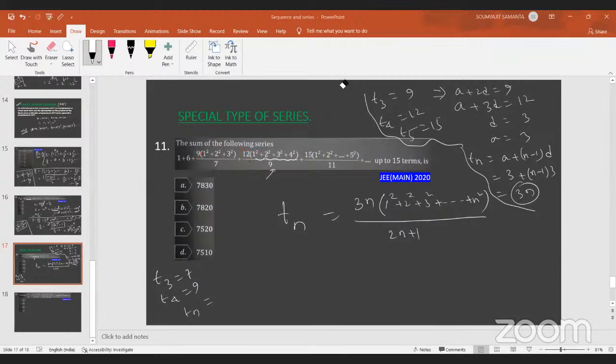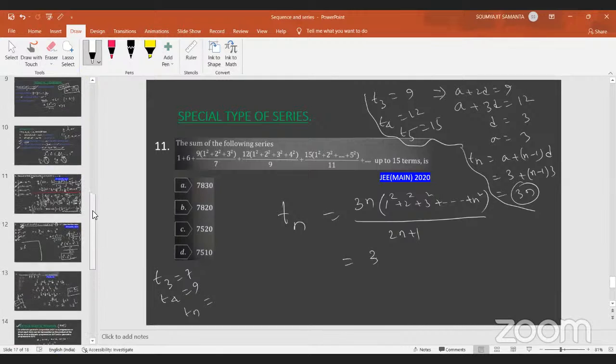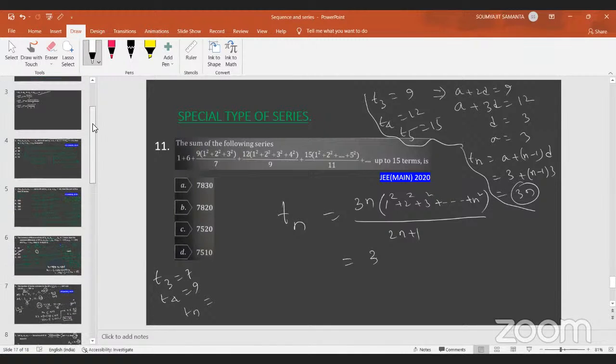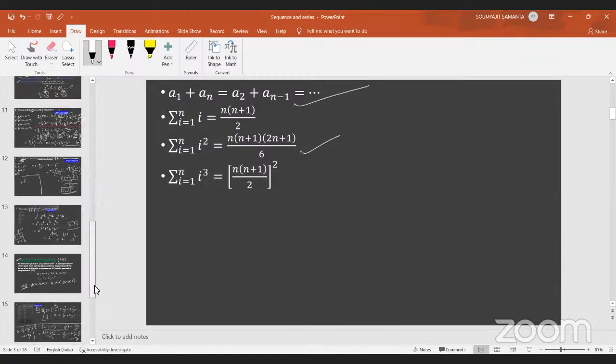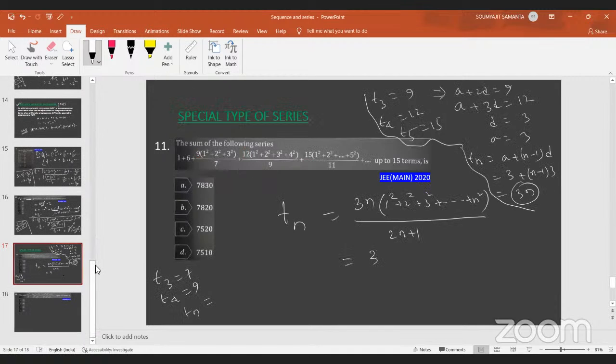After finding the general term, we know the formula for 1 square plus 2 square plus 3 square till n square, which we have already seen in the first slide: n into n plus 1 into 2n plus 1 by 6.